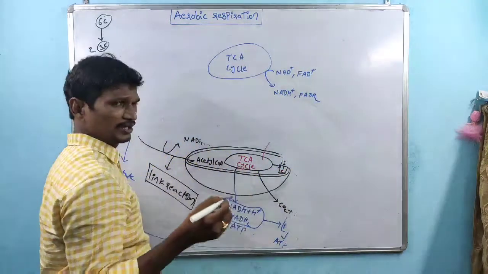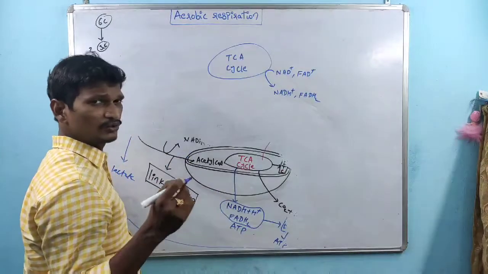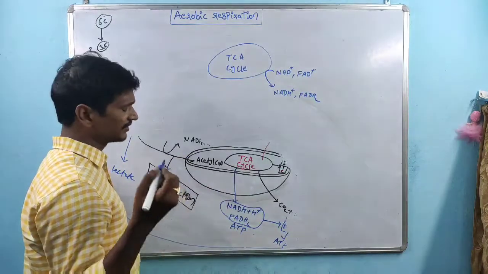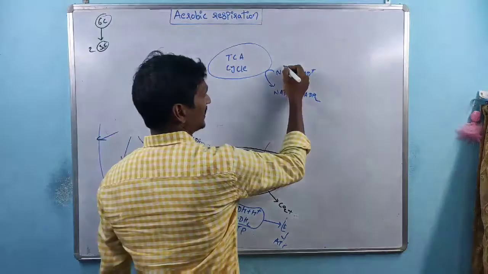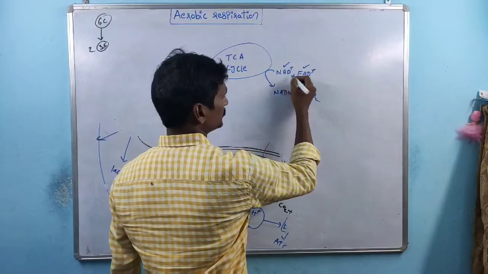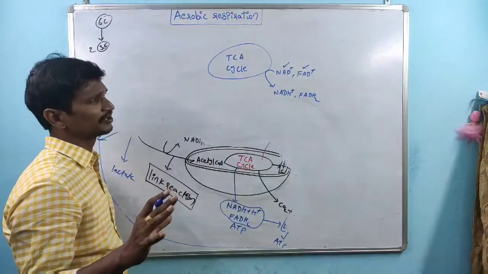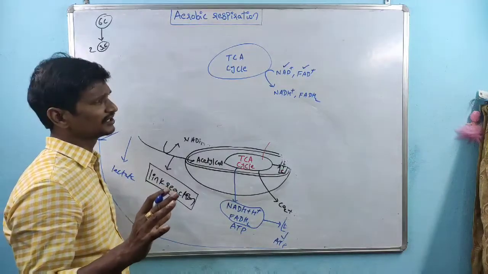So if the cell wants to run the TCA cycle, the definite requirements are NAD plus and FAD. If these two are absent, there is no TCA cycle.